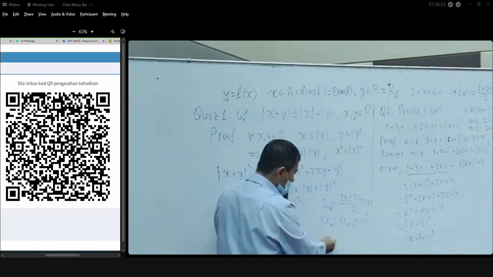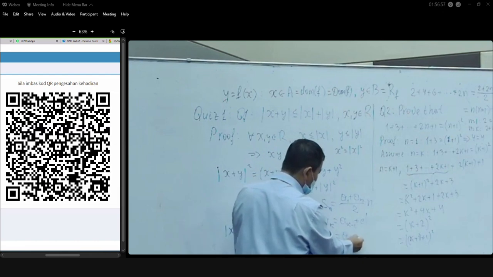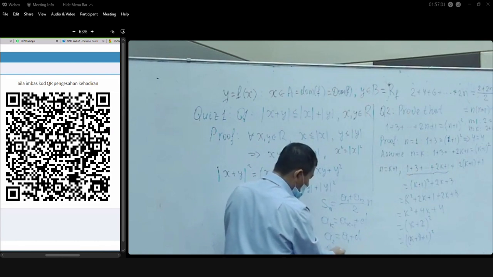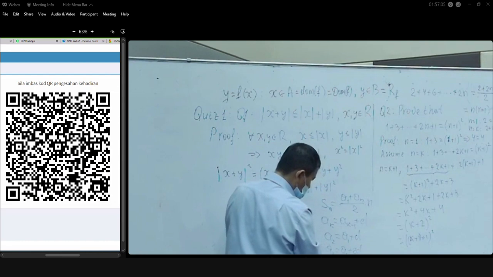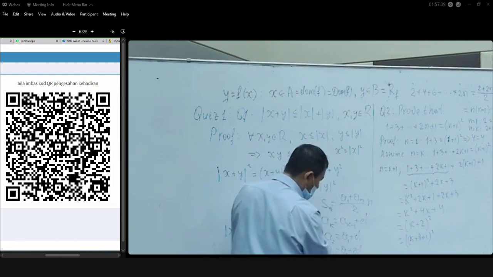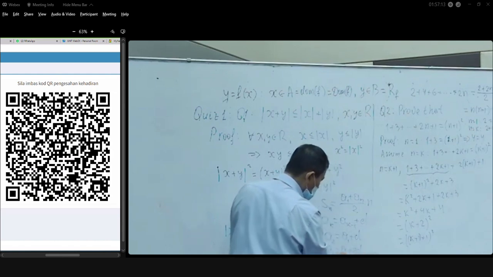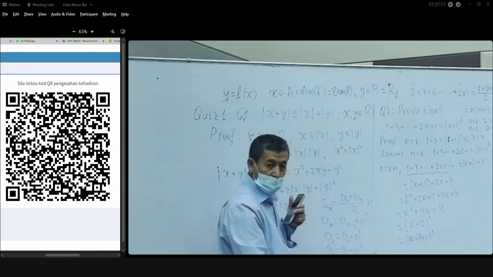Or another one, A2 is equal to A1 plus D. A3 is equal to A1 plus 2D. So from here I can get A_n equal to A1 plus (n minus 1)D. So this is the main formula for arithmetic progressions.